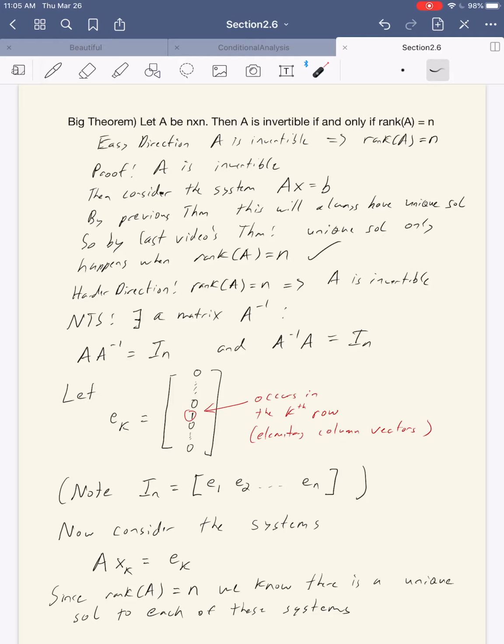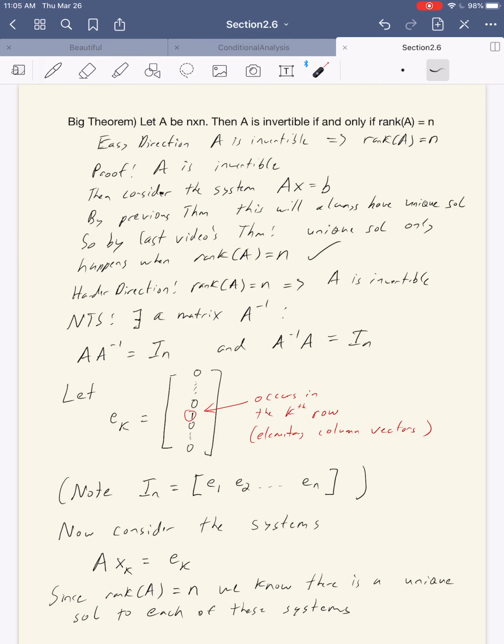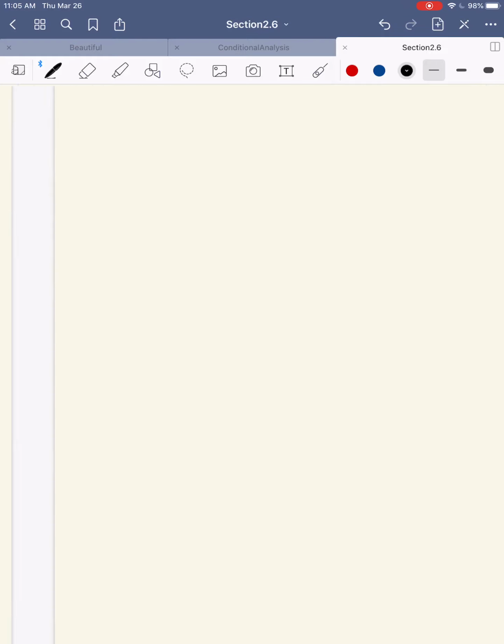I don't think I saved enough room for the next part, so let's add a quick page. We've got this system, and we know it always has a unique solution. So now we're going to let A inverse equal the matrix x1, x2, down to xn, where each x_k is the unique solution to A x_k equals E_k.